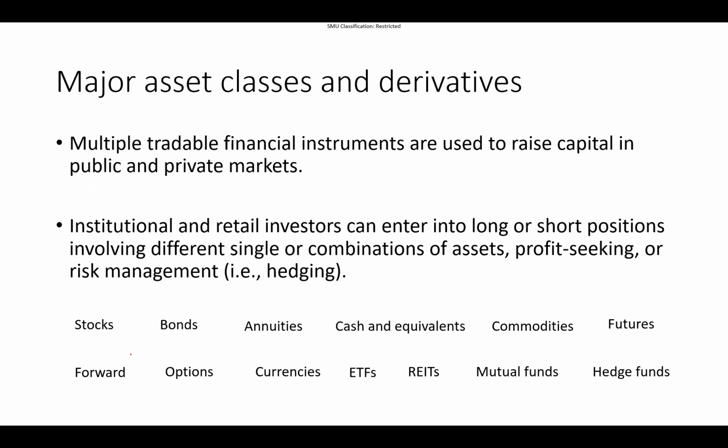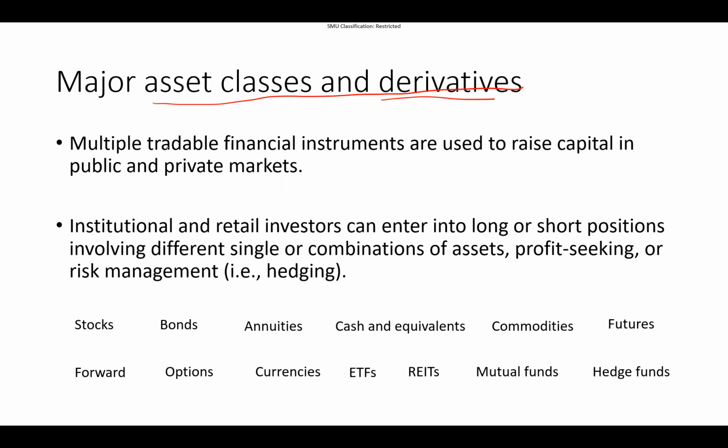So, okay, we're going to look at major asset classes and derivatives. A derivative, by meaning, is some financial instrument, some asset that depends on some other assets, right? So it's derived from some other asset, which is more fundamental, more basic.